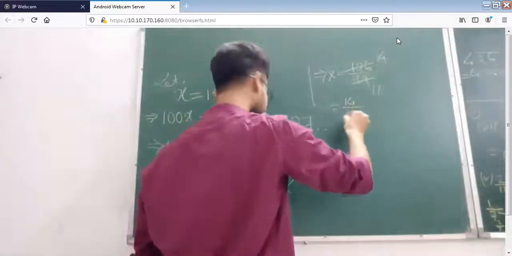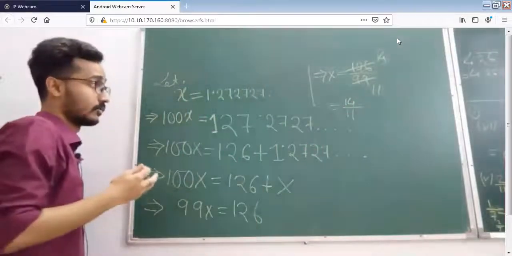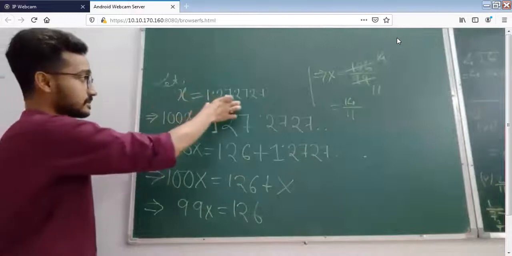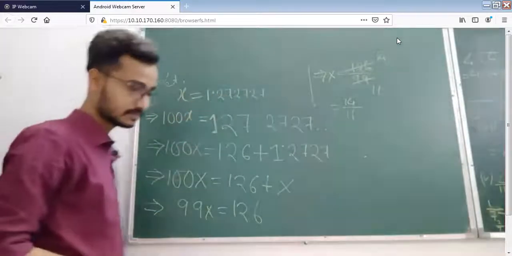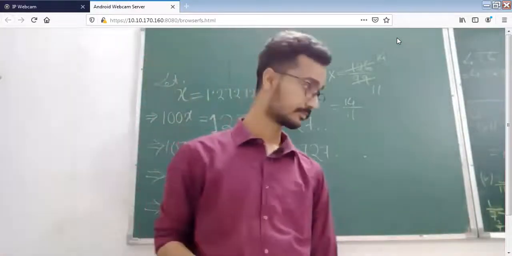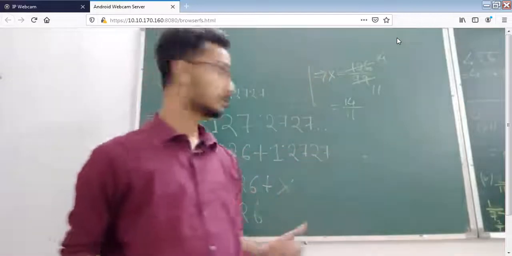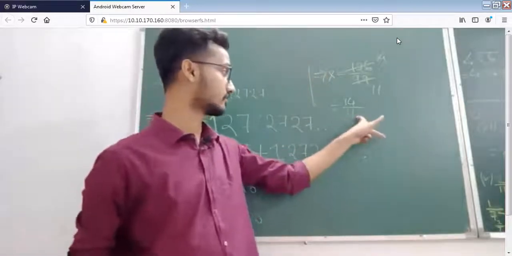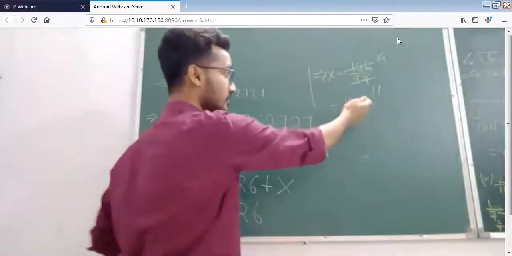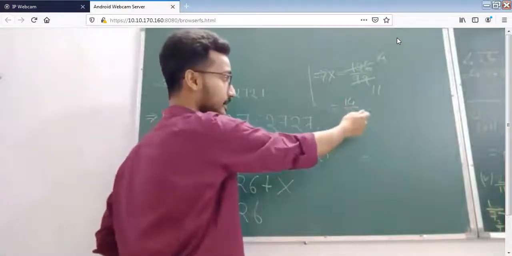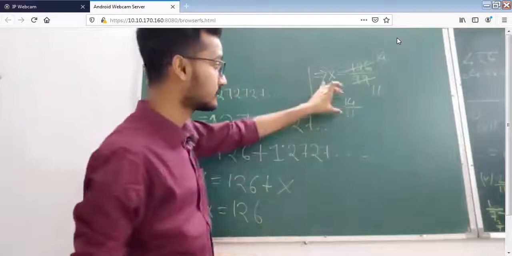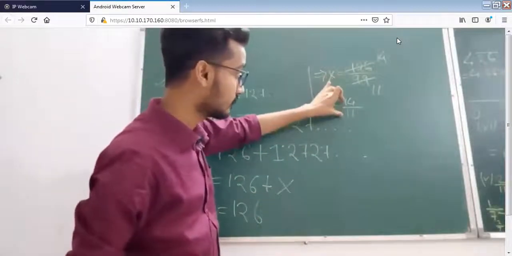Now see, we have to express 1.272727 in the form of p by q, where q does not equal 0. And p and q must be co-prime.